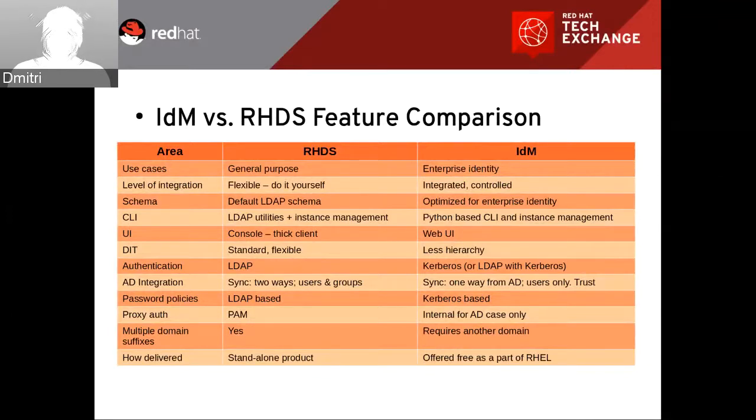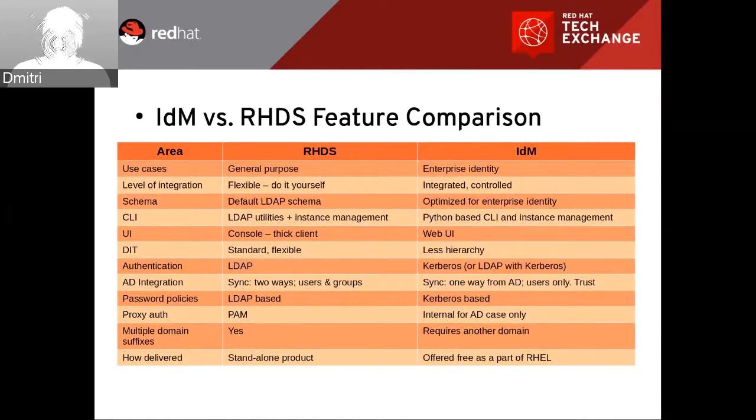There is a way to proxy authentication to the external identity source. In Red Hat directory server, it is done through PAM, while in the identity management, it's done in a specific way with trusts. You want clients that do not understand trusts to be able to participate in trust relations, which means users from Active Directory accessing, say, a Solaris, HPUX, or AIX system that has no understanding of trust relations.